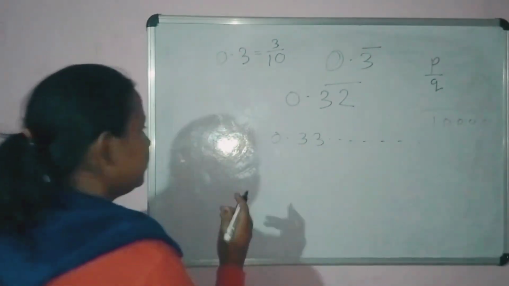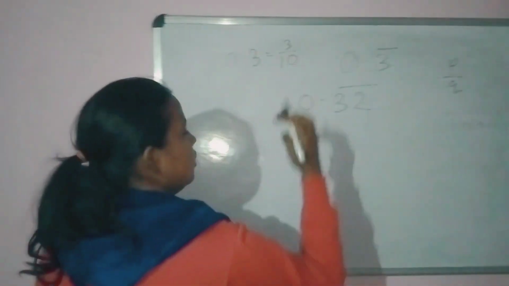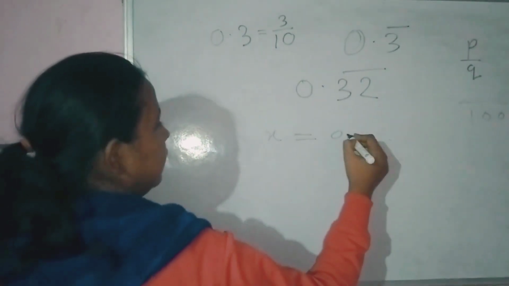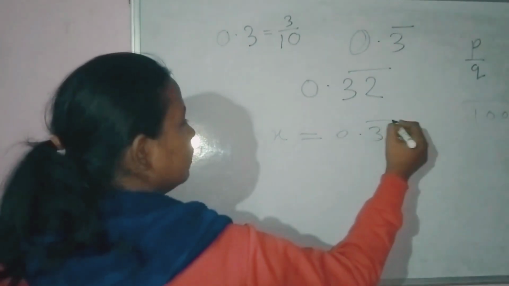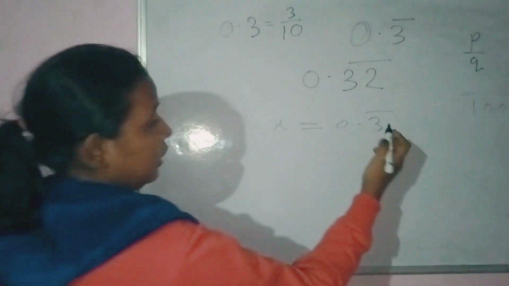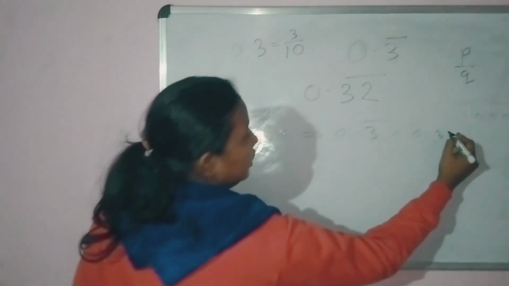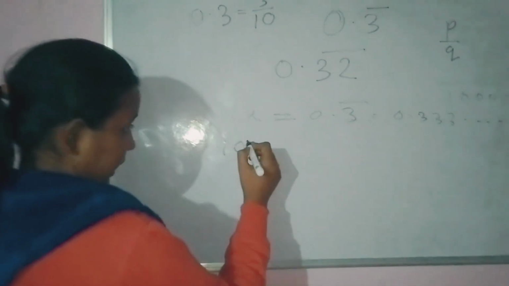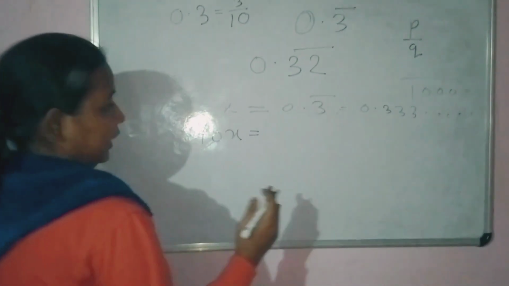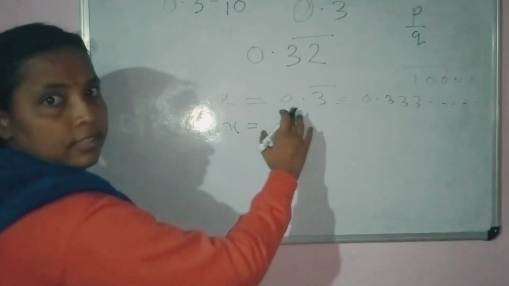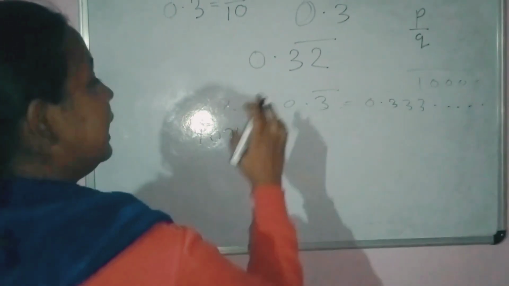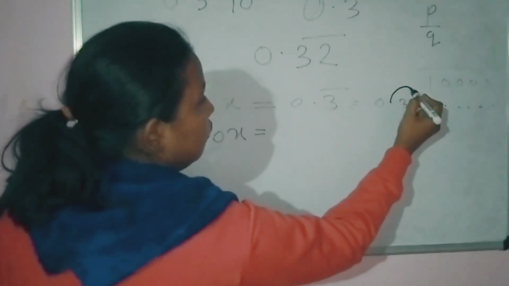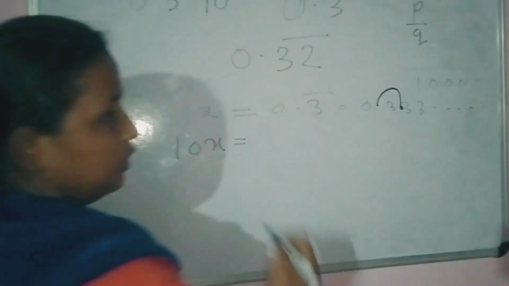First, suppose 0.3 bar: you write x is equal to 0.3 bar. So you know it is like 0.333 dot dot dot. Then we will write 10x. When you multiply a decimal number by 10, the decimal shifts one place to the right.